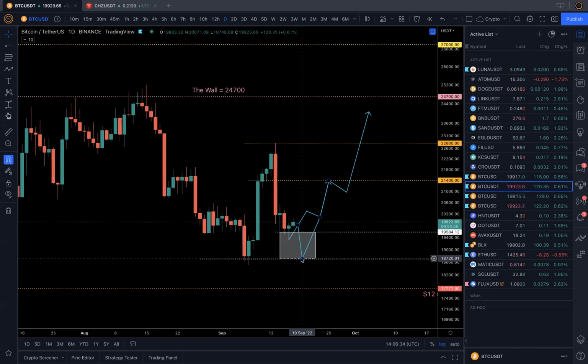So 75 basis point is being talked about, but some economists are saying there can be 100 basis point rate hike. Now, if that happens, that will surprise the market, and in that case, it could dip.